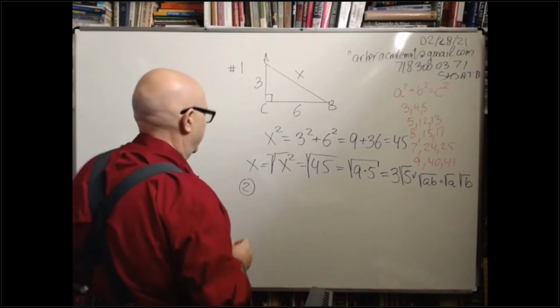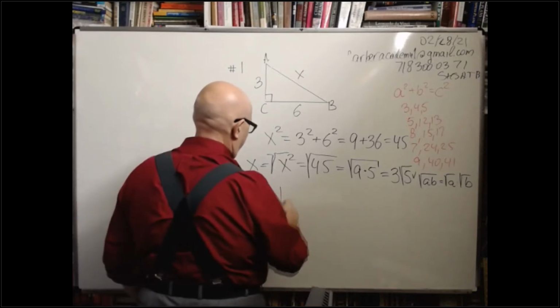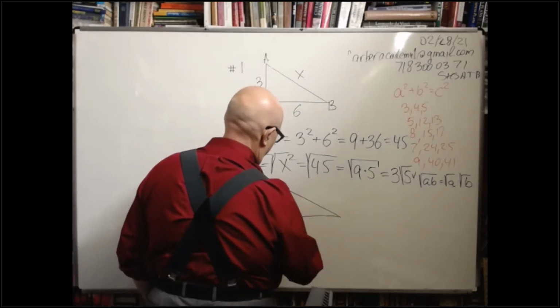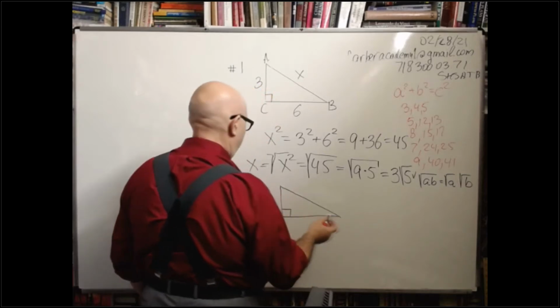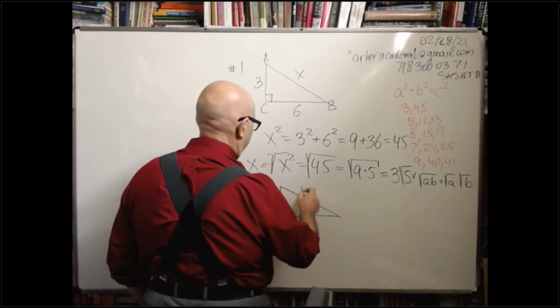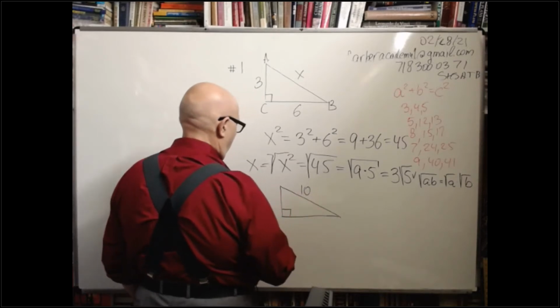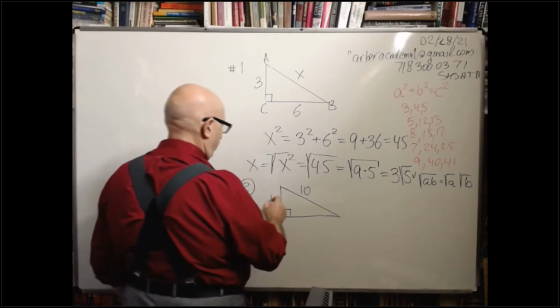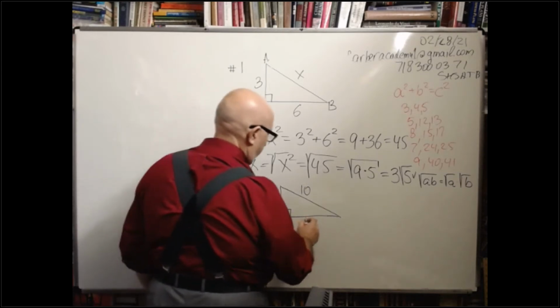Okay. Let's say I have another triangle. I made up some numbers, which is 10, and this is 5. Find this side.